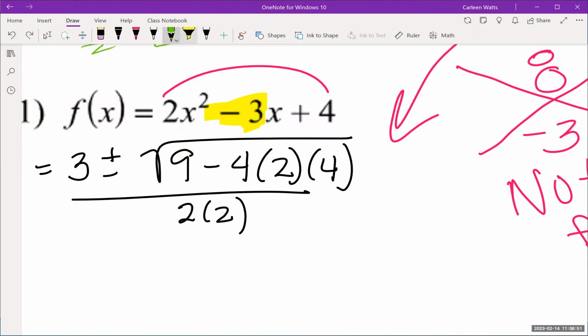Okay, next step, simplify this. 9 minus 32 is -23.